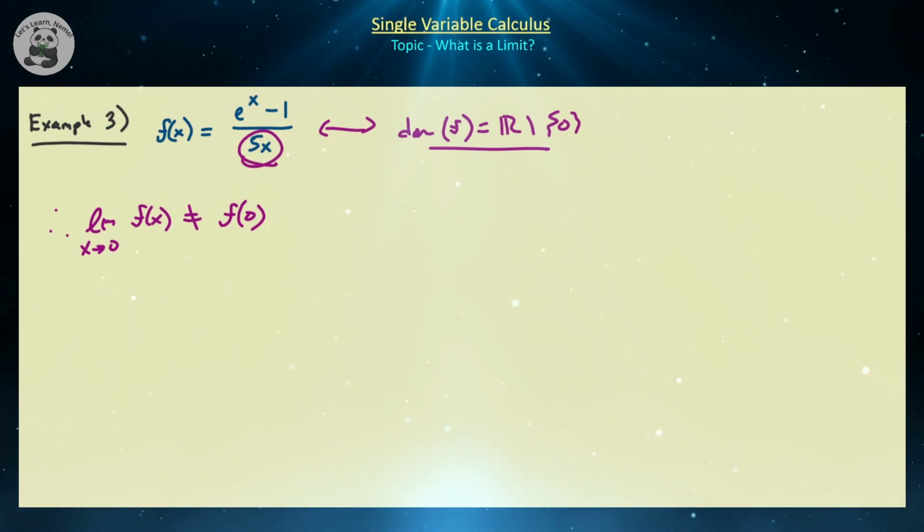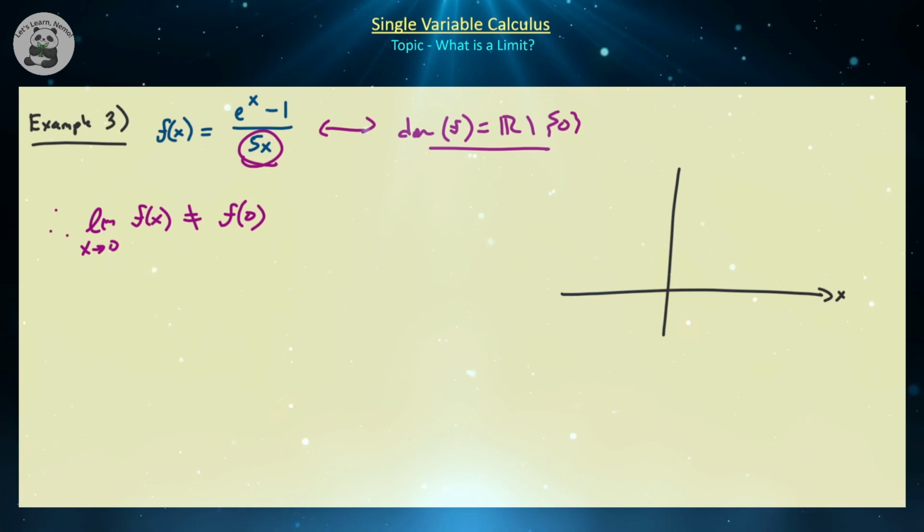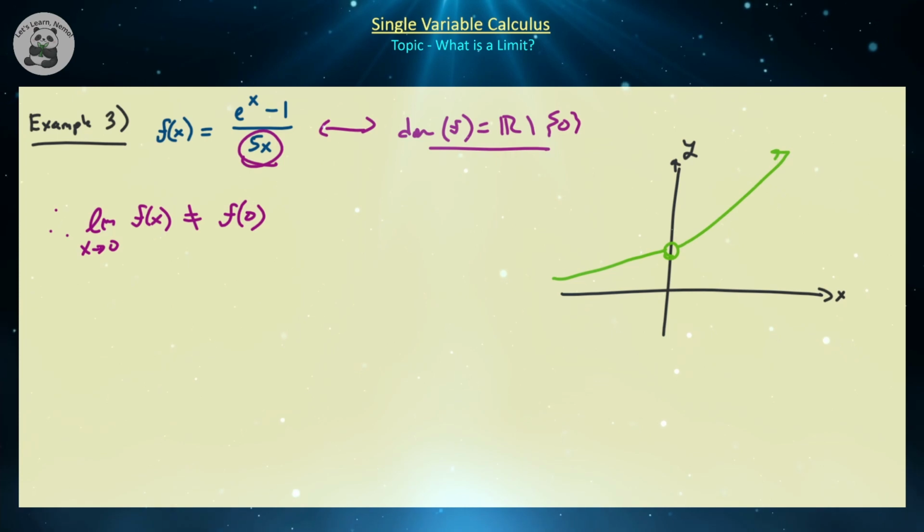So what is it? If you're a beginner to limits, sometimes a safe place to start is just to look at the graph and see what is going on to this function as x gets close to 0 from both directions. So if you were to graph this curve, you would get a graph that is similar to this.